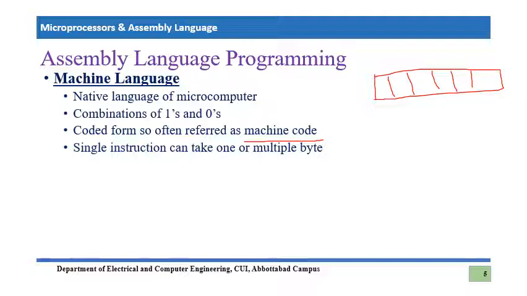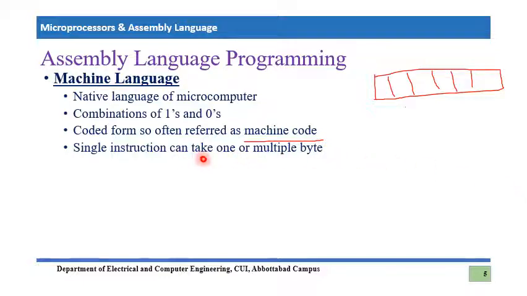We learned that there can be more than one byte in a single instruction, so they need to be queued while one byte of information is in progress, so the next byte of the instruction is ready to be processed. That was what we learned in the bus interface unit.